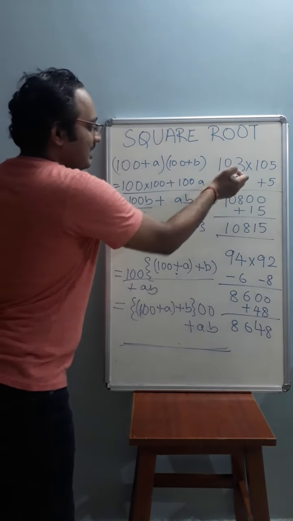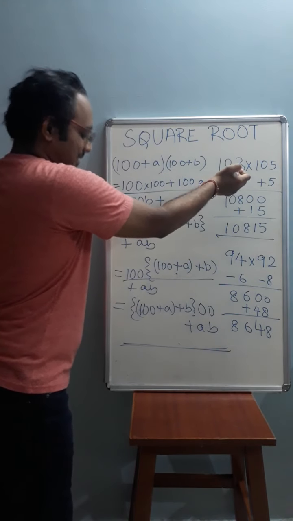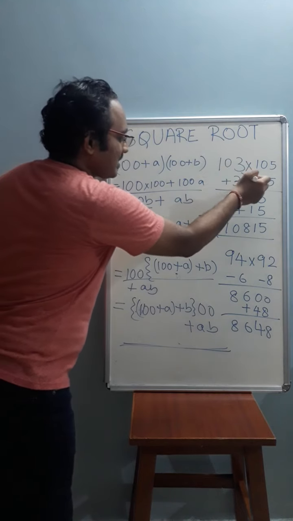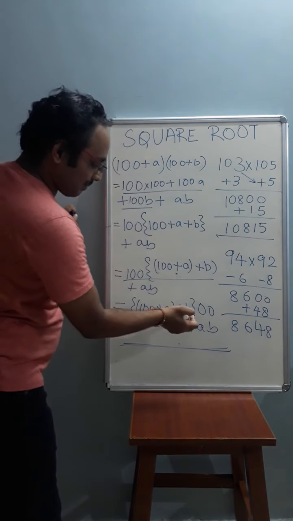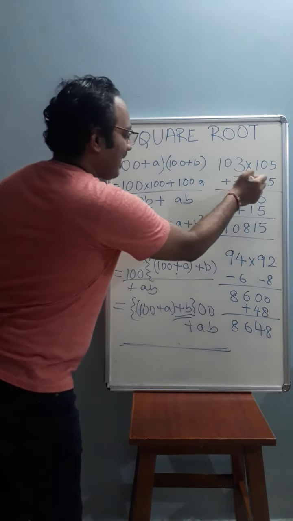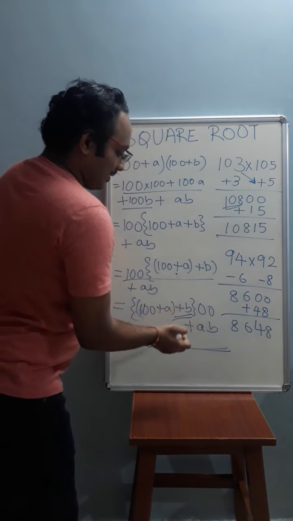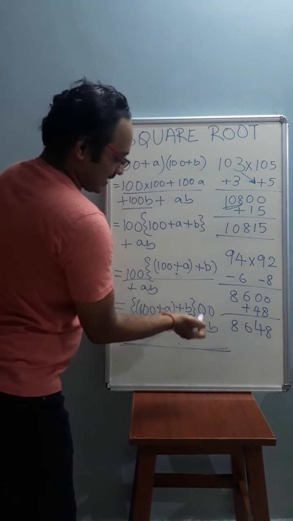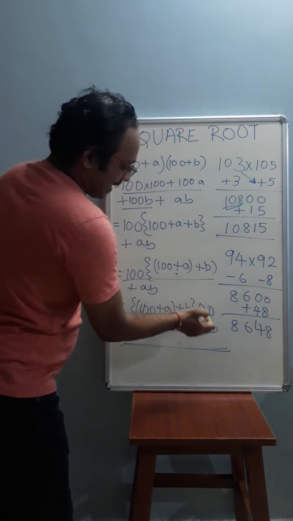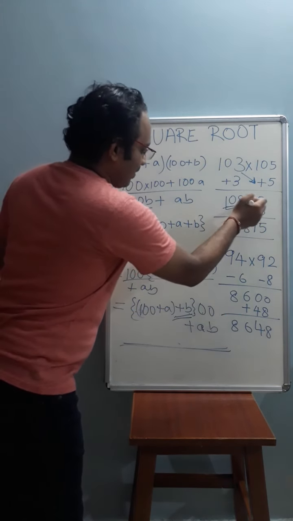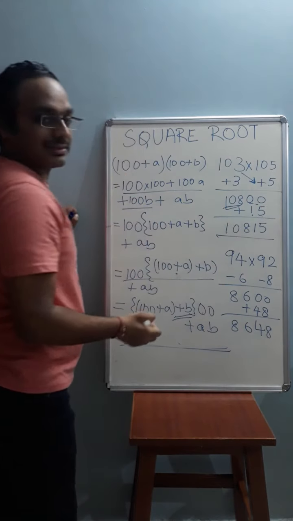100 plus A is 103 in this case, plus B. This plus B is nothing but the cross add we did. This is 108, 100 plus A plus B, followed by AB, which is nothing but into 100 plus AB. This is 108 into 100 plus 15.